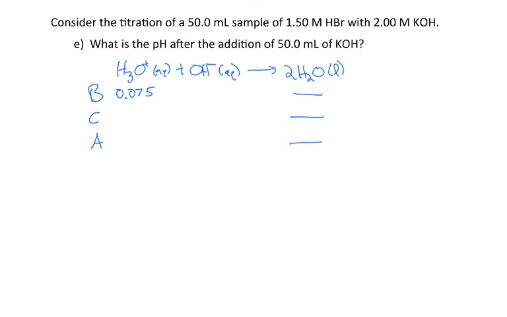All right, we've got one last example. And so in this case, we want to know what is the pH at some point after the equivalence point. And so I've got my same chemical reaction, same initial moles of H3O+. So again, I'll find the moles of base.